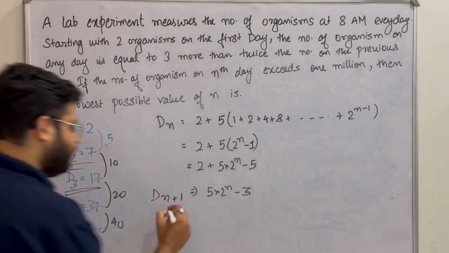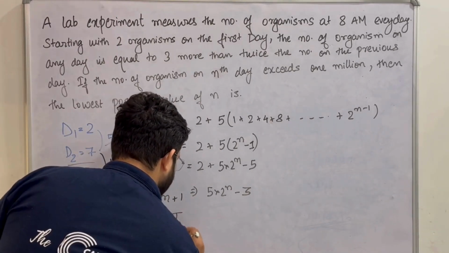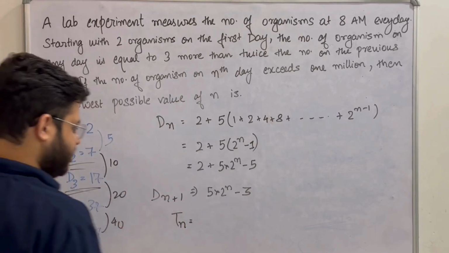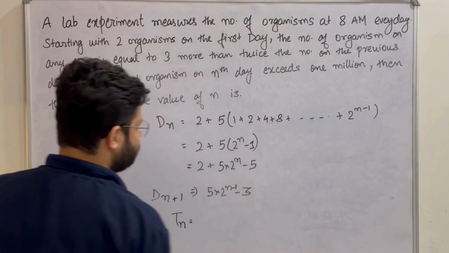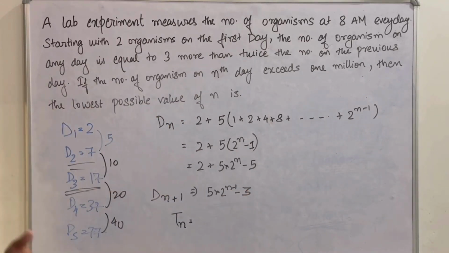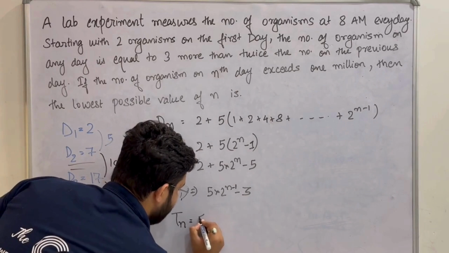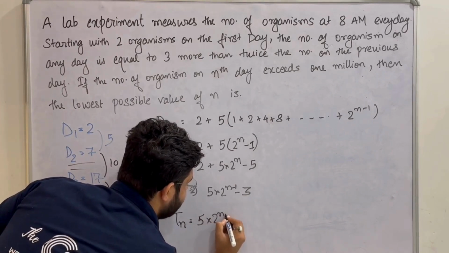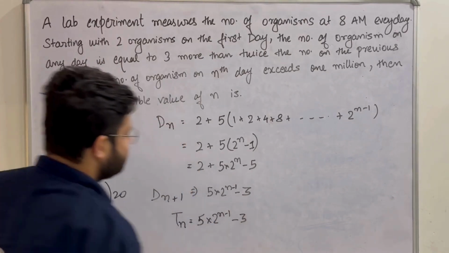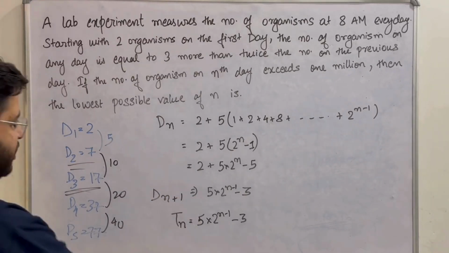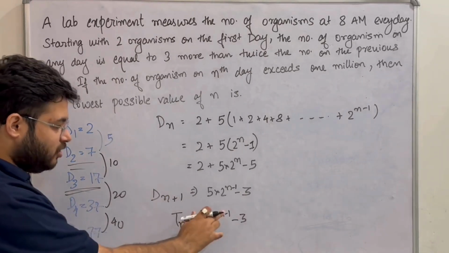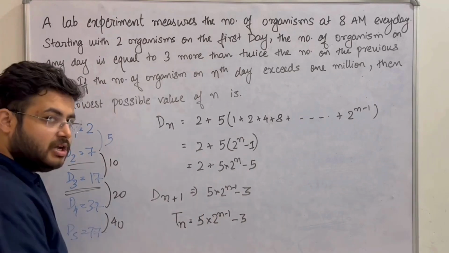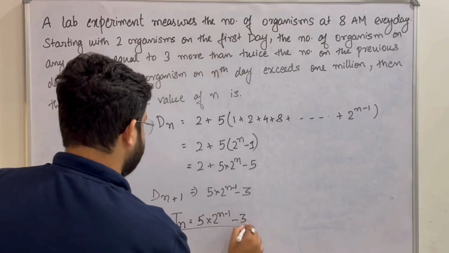So if I want the data for day n, let's call it term n, what changes can we make? If we introduce a minus 1 over here, it will start giving me the previous day, and it would give you 5 into 2 to the power n minus 1, minus 3, correct? Now if you check, 2 power 1 minus 1 is 0, that is 5, minus 3 is 2. Now it's giving me the exact data for the nth day.